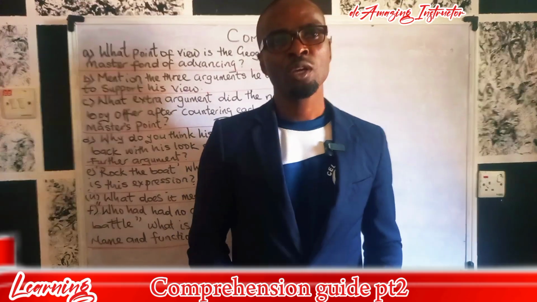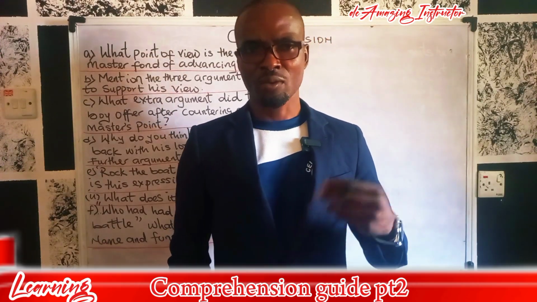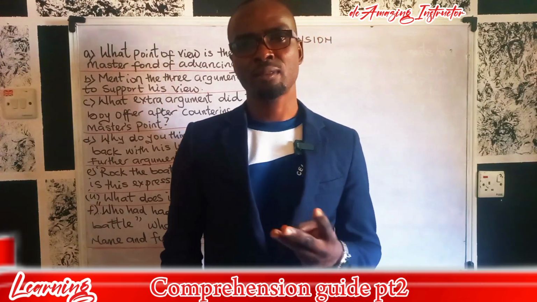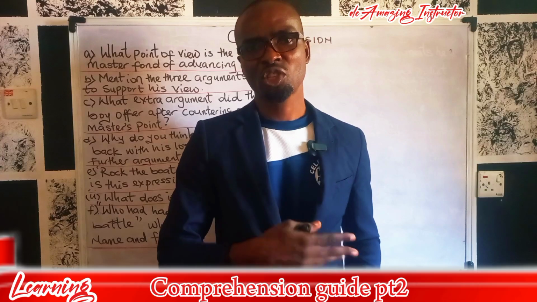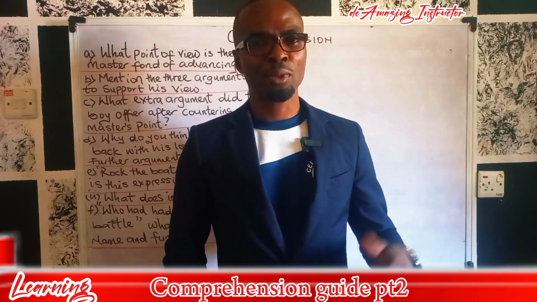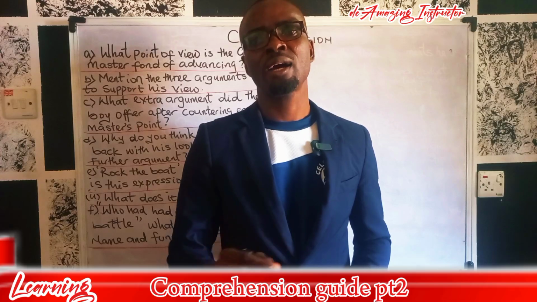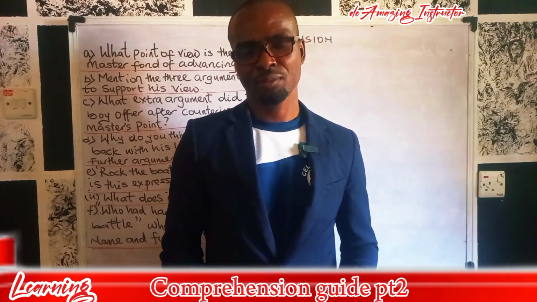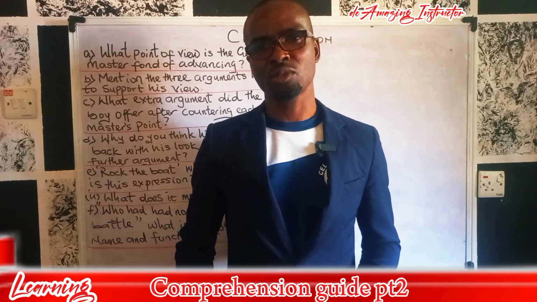It is always advisable to read a passage, then go to the questions, and then come back to the passage. There are three basic types of reading. The first reading involves skimming: you just skim through to get the basic idea of what the entire passage is about. Then you read all the questions.